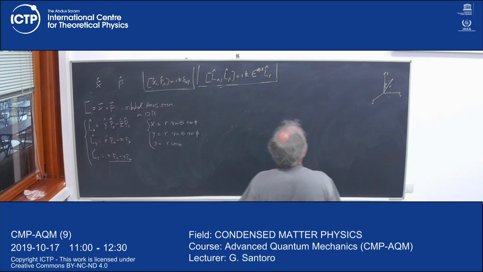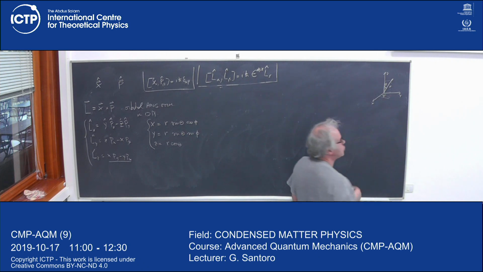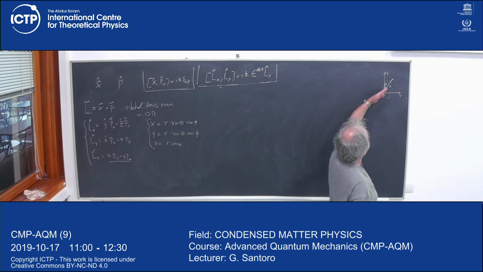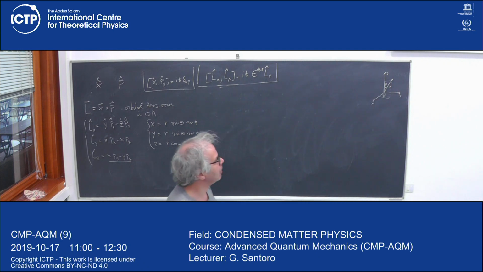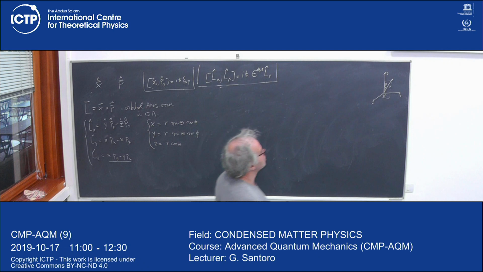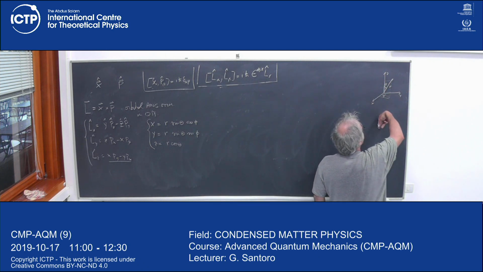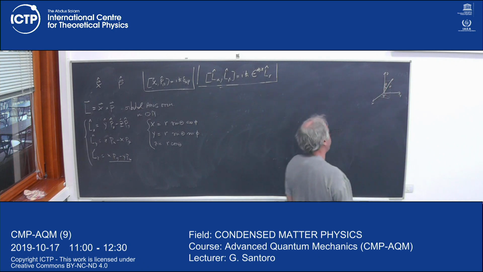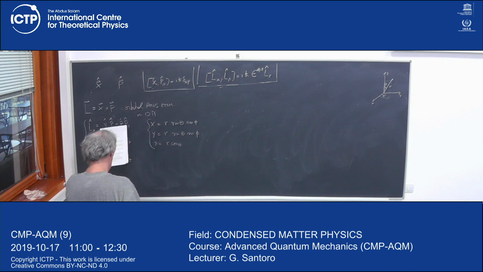But then if I want the component along x, I have to add phi, which is the longitude counted from x. X is Greenwich. So phi can go from 0 to 2 pi, theta from 0 to pi. 0 is the North Pole, pi the South Pole. Good. These are the Cartesian components.